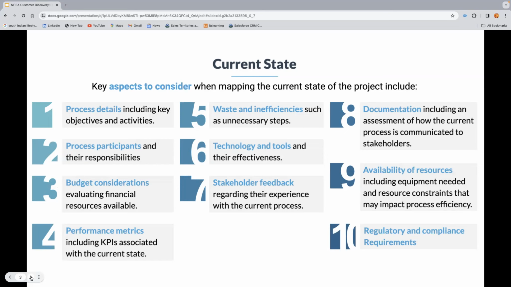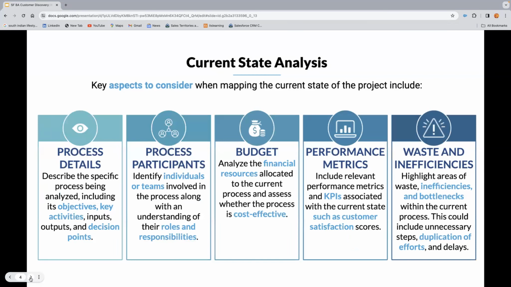The fifth one is waste and inefficiencies, such as unnecessary steps; technology and tools and their effectiveness; stakeholders' feedback regarding their experience with the current process; documentation, including an assessment of how the current process is communicated to stakeholders; availability of resources, that include the equipment needed and resource constraints that may impact process efficiencies; and regulatory and compliance requirements.